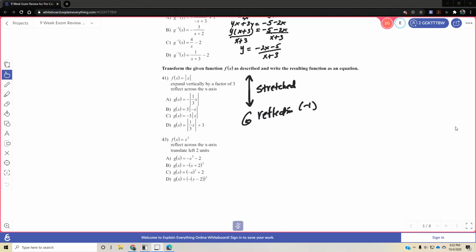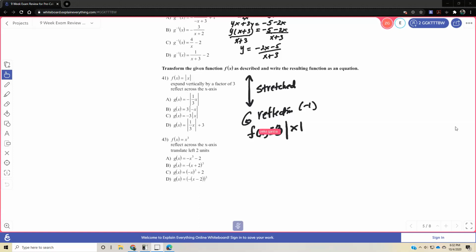So for example, we have f of x equals, it's going to be vertically stretched by a factor of 3, so it's going to be 3. That means the graph is going to get narrower. And then the absolute value of x, now that's not going to reflect it. You need a negative to reflect it.